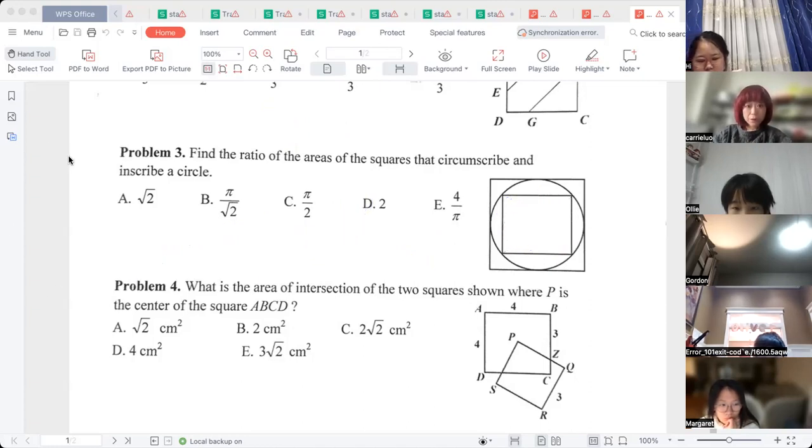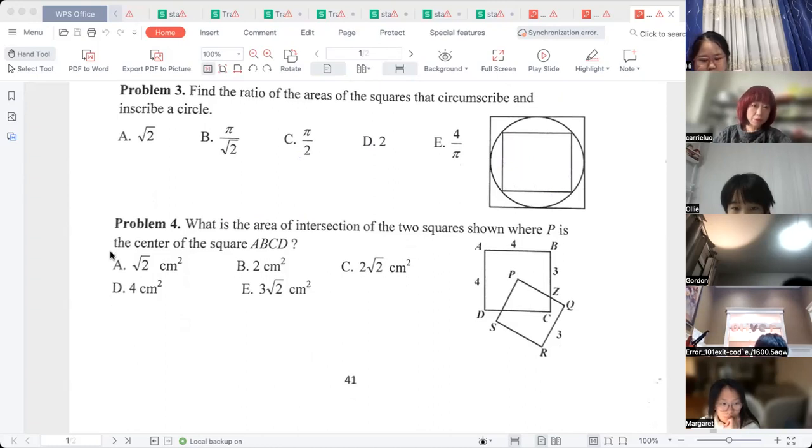Okay, so let's take a look at number 4. What is the area of the intersection of the two squares shown, where P is the center of the square ABCD? Okay, so for this question, do we still need to have the shadow part or no? Give me 1 second.